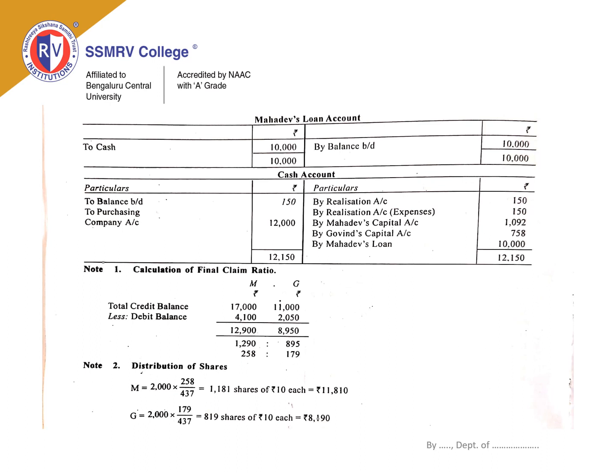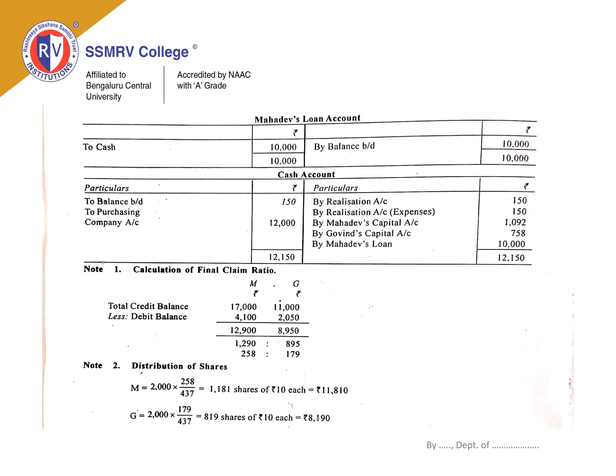Then in this ratio, the 20,000 of equity shares must be distributed among the partners. The number of equity shares is 2,000 equity shares. 2,000 equity shares of rupees 10 each comes to rupees 20,000. Of the 2,000 shares, the first partner Mahadev's share is 258 divided by 437.